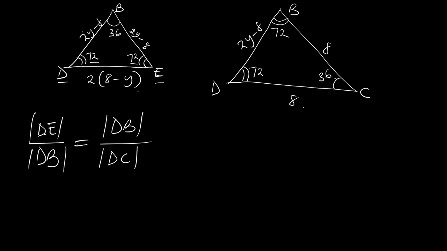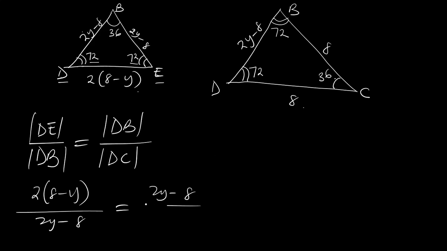Now DE is 2 times 8 minus Y. DB is 2Y minus 8. This is equal to DB on the other side, which is 2Y minus 8, divided by DC, which is 8. So now we have gotten this equation. So let's now work on the equation.